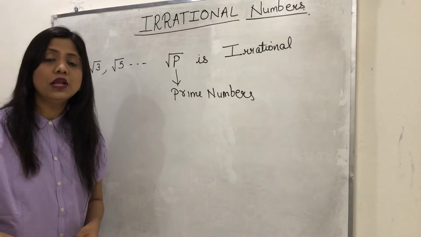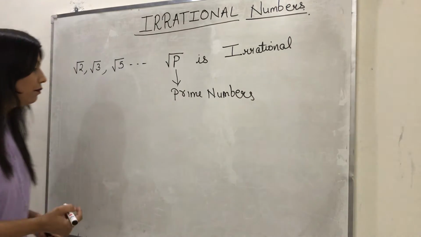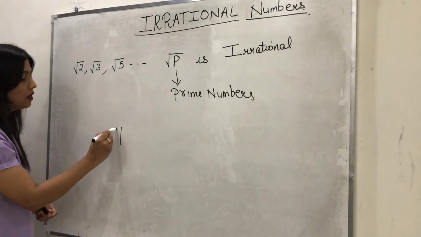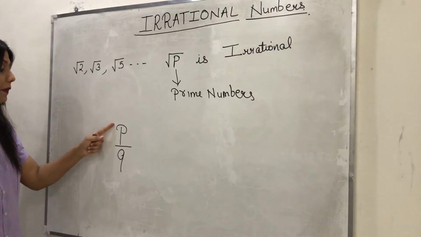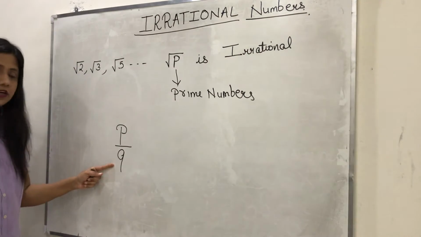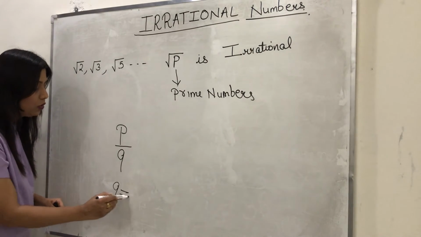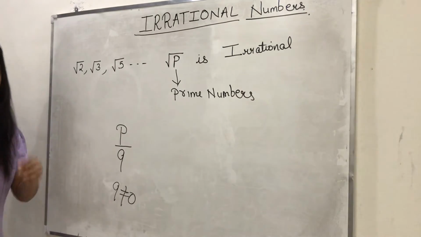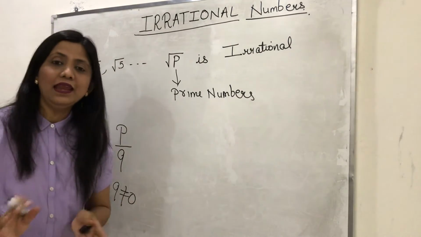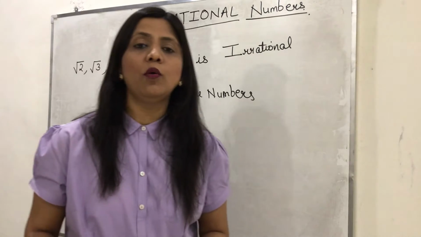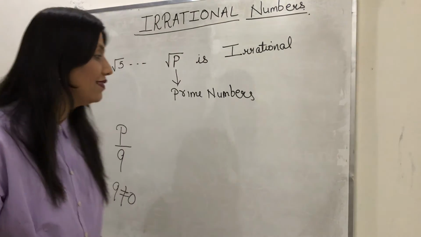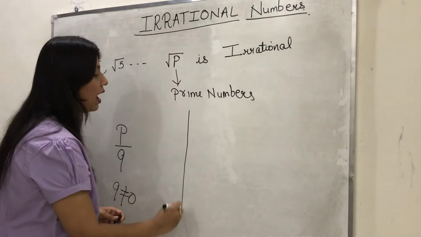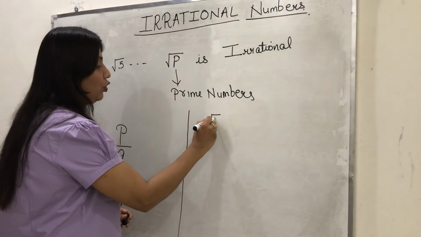And what are irrational numbers? The irrational numbers are all those numbers which you cannot write in p by q form, where p and q are integers and q is not equal to 0, right? If you cannot write any number in p by q form, then that number is an irrational number. So example of irrational numbers are root 2.